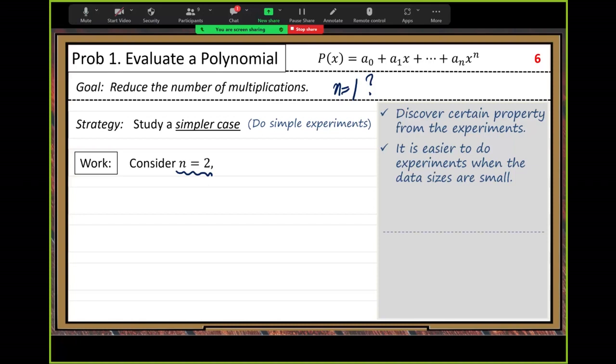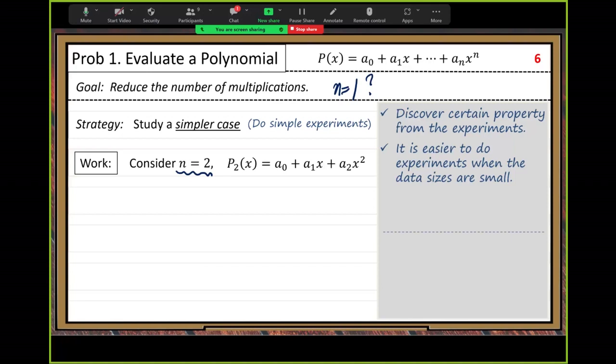So here we need to choose n equals 2. It is still simple, but we can get some meaningful information from the experiment. That's the main difference. We choose 2 instead of 1. All right, so let me show you how to get some meaningful information.